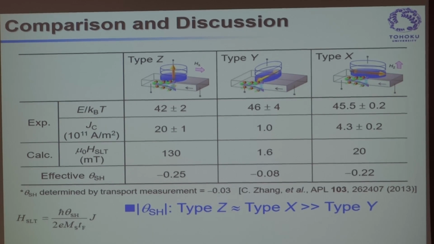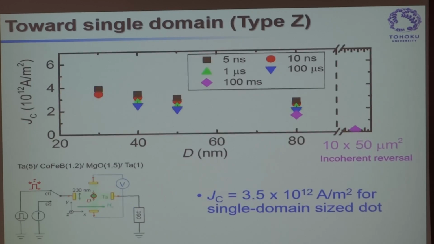So in order to understand this, we first concentrated on type Z, which is perpendicular. And we varied the diameter of the device and made sure that the big device shows extraordinarily small threshold current, but a smaller device, that is smaller than 100, is basically somewhere around 2 to 4 times 10^12 in this particular case.